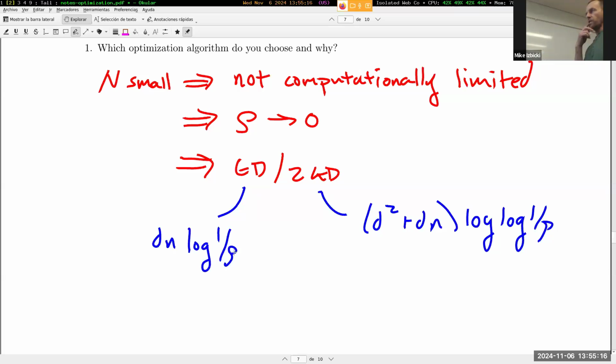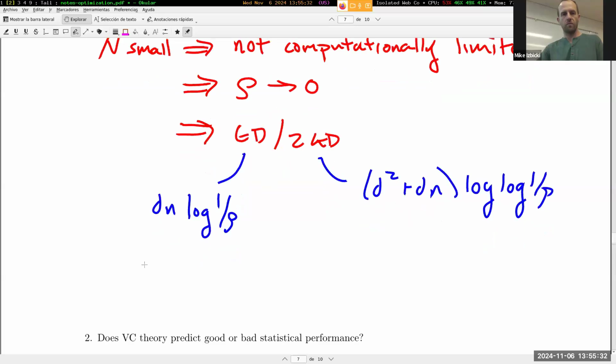There's another situation where there's no hard and fast numbers that you use to decide which one of these two techniques to use. And the intuition is just if D is somehow very small, this will be the optimal thing to do because the D squared over here will not dominate, and the log 1 over rho here will be smaller than the log 1 over rho here.